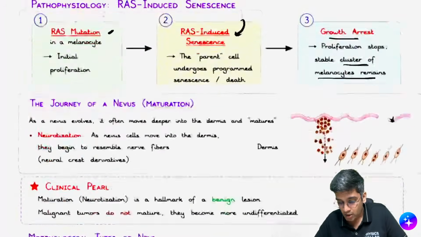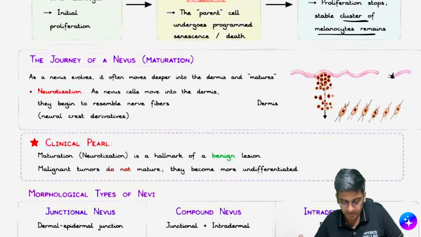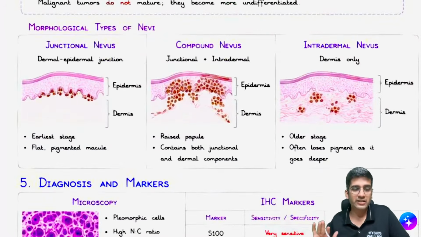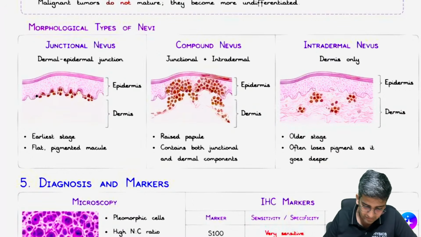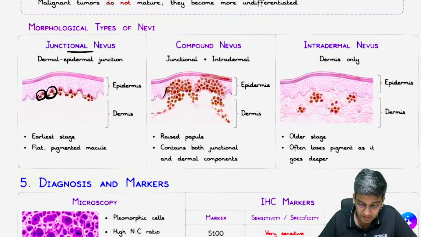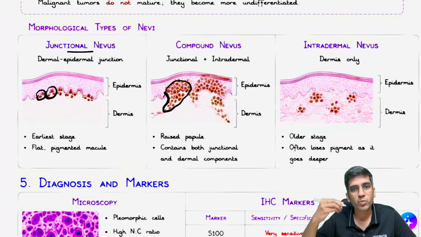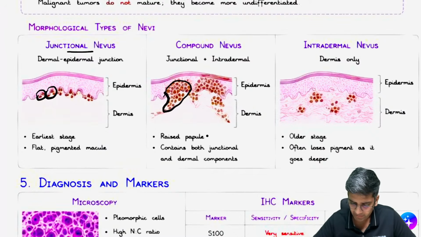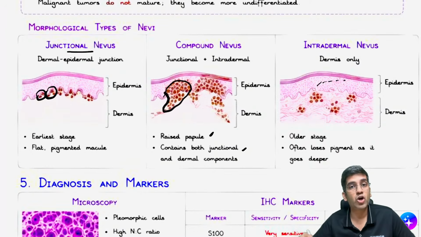That's all, right? So what happens in mole or nevi is, nevi have multiple types. If I have the excess growth only at the junction, that is the epidermal junction, we call it junctional nevus. If you have it in the epidermis and also inside the dermis, we call it compound nevus. We have a raised papule, with both junctional and dermal components. Sometimes this epidermal component must have gone.